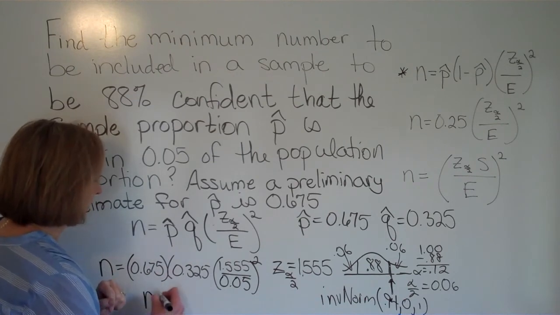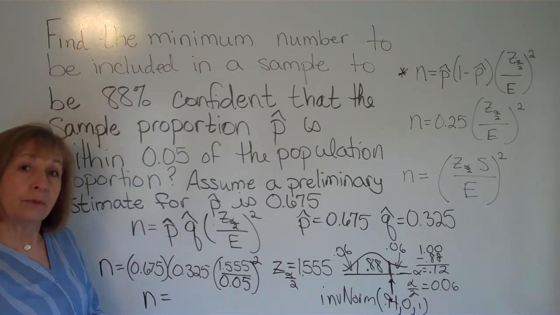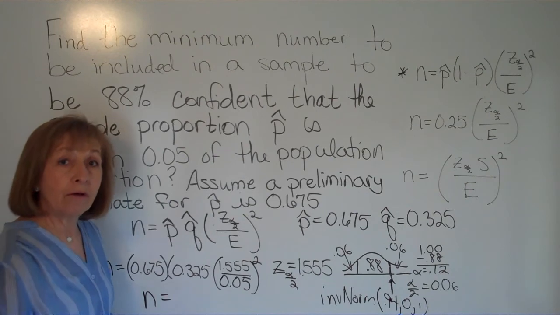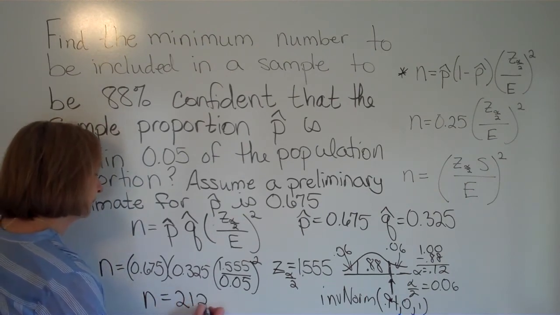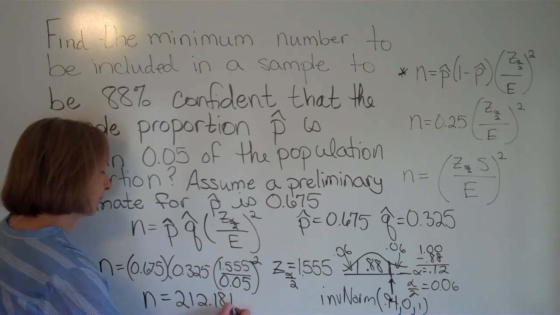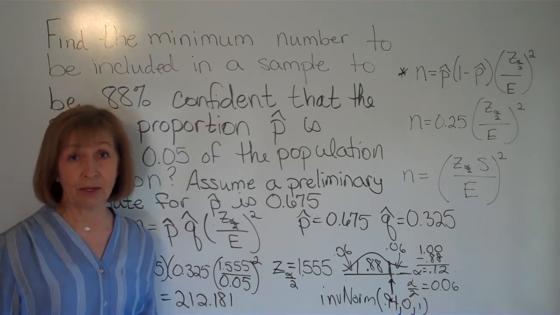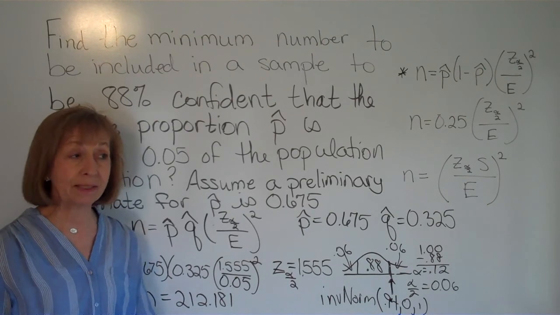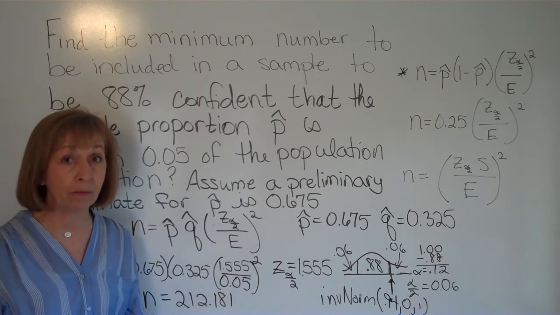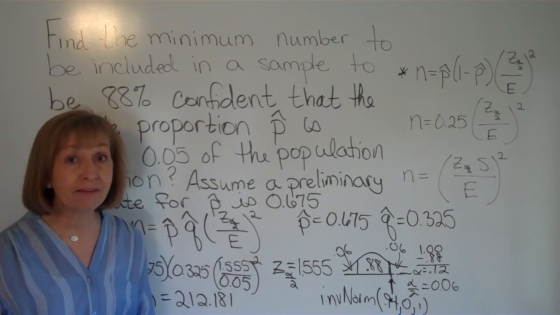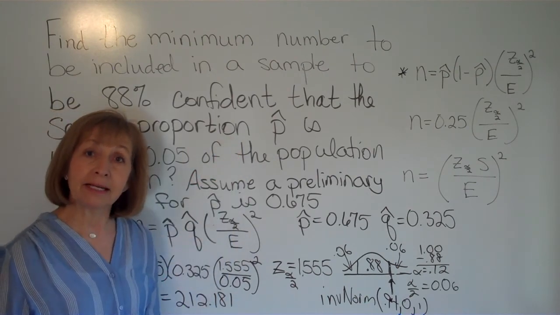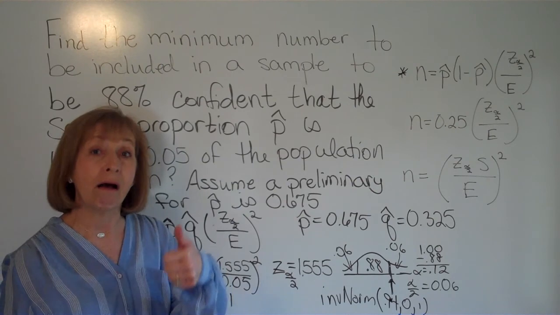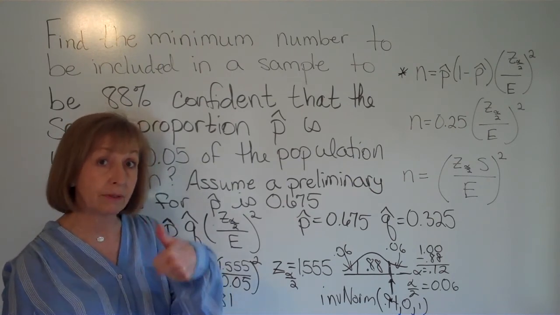Now when you key this all through, you will get 212.181. But this is a sample size question, and sample sizes have to be how many you sample. They have to be a whole number. And you have to have enough in your sample so that you meet the criteria. So with these sample size questions, you need to round up, not round nearest, round up.